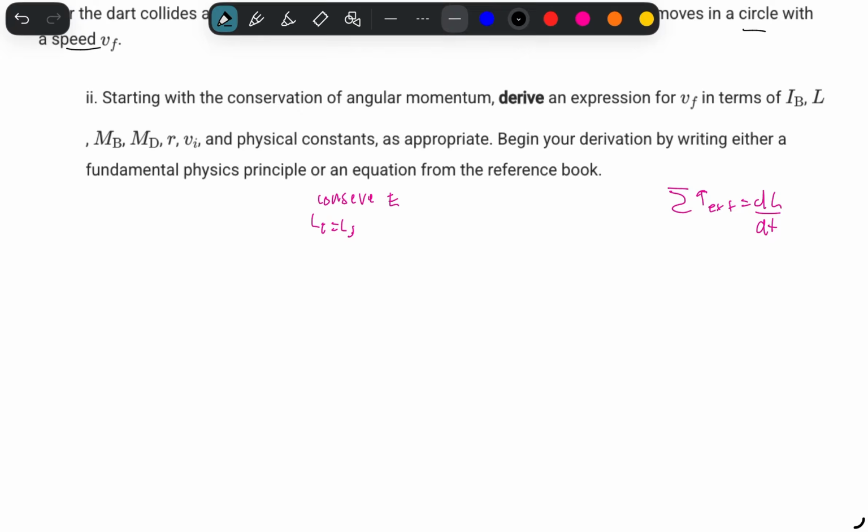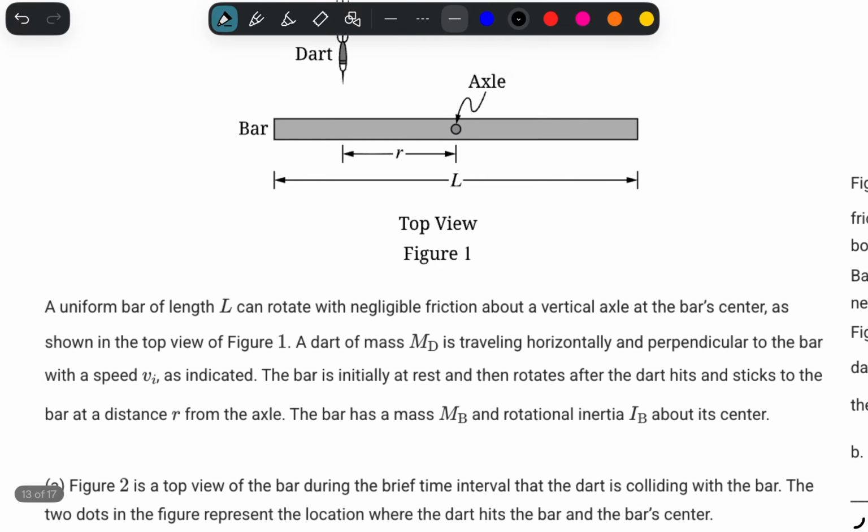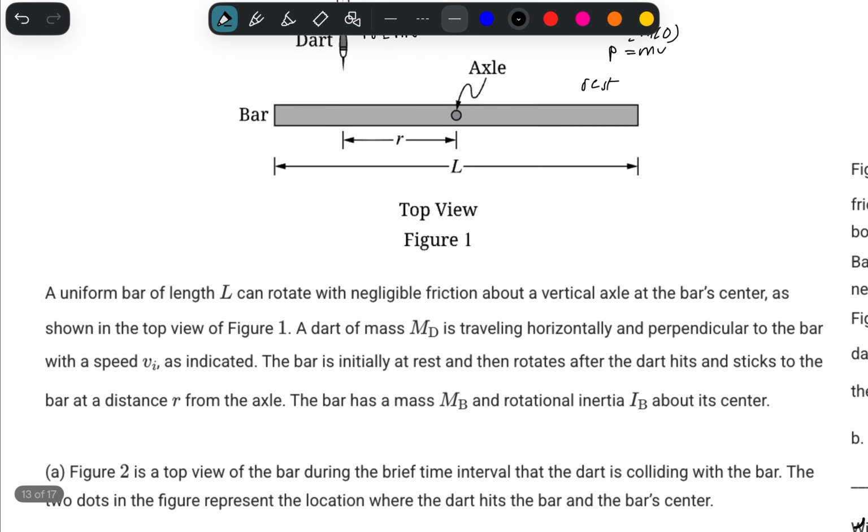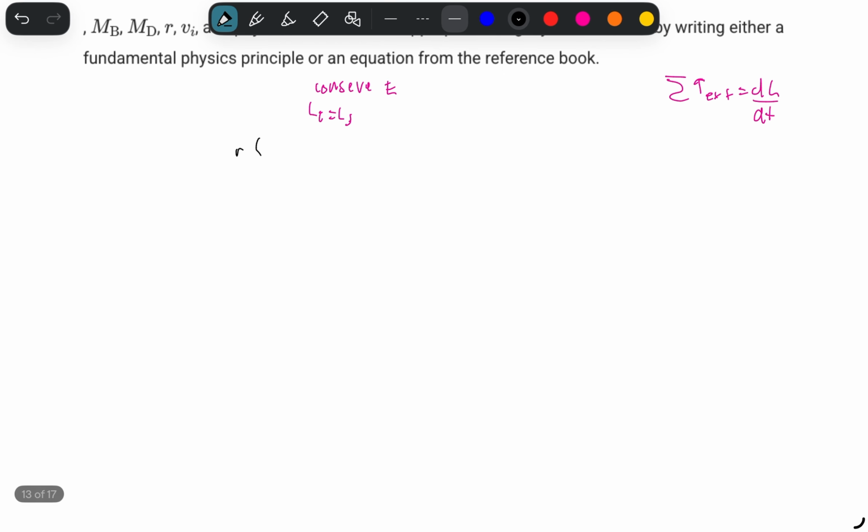We are going to find our initial angular momentum. Initially, we only have the dart with angular momentum about the axle. The bar is at rest and the dart is moving, and it's based off of mv. The bar is not moving, so that would be m times 0, which is why the bar's momentum is 0.